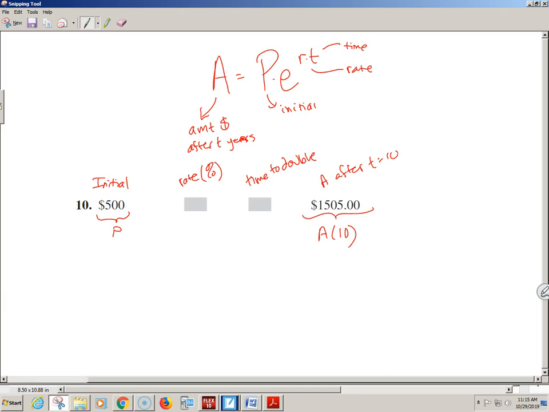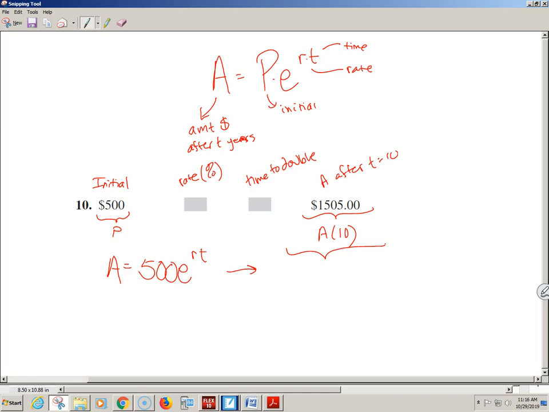So, ready? Rate. I can say A is equal to P, 500, e to the rt. But the bummer is I can't go answering my rate until I know what r is, so I have to go to my clue to plug in what I know. So let's take this equation and plug in. Using this clue right here, I can plug in 10 where? t.